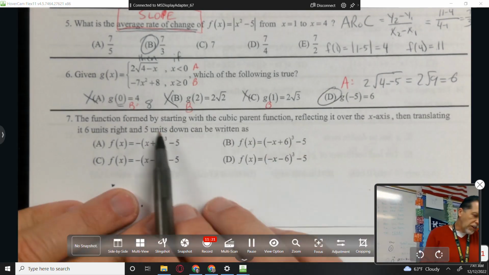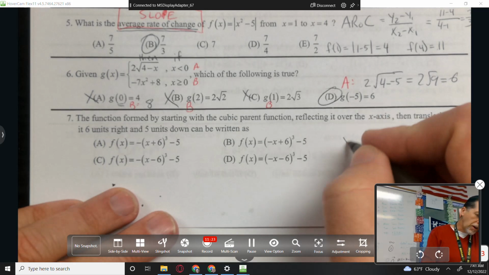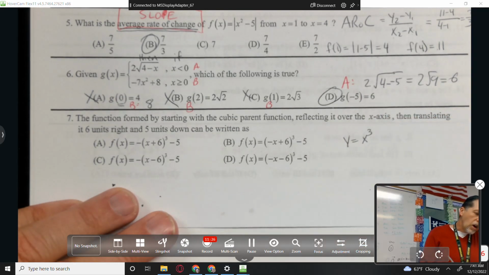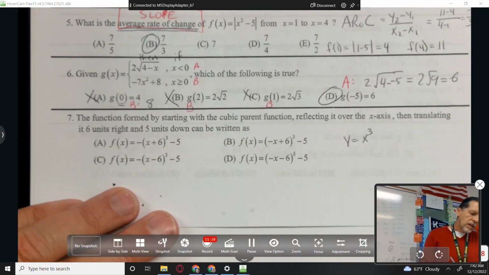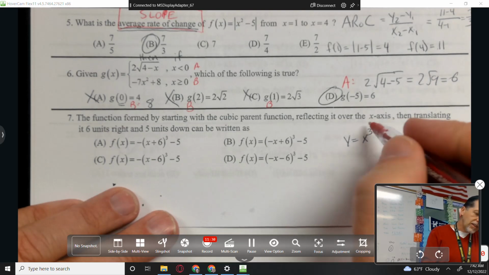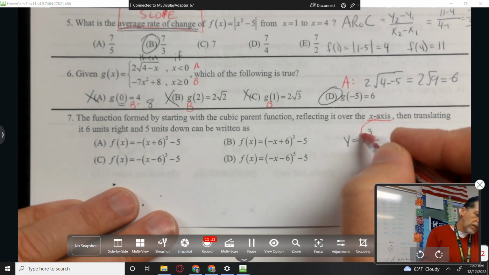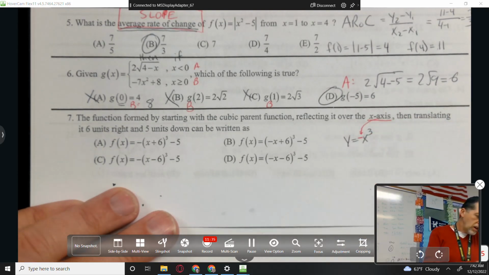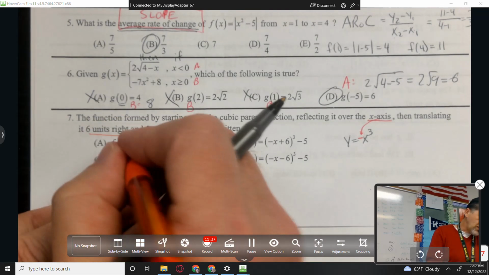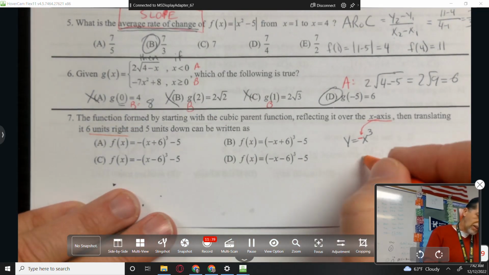Number 7, the function formed by starting with the cubic parent function. Oh, this is another one. We like these. Reflecting it over the x-axis, so that's a negative in front. Translating it 6 units right, so that's x minus 6.